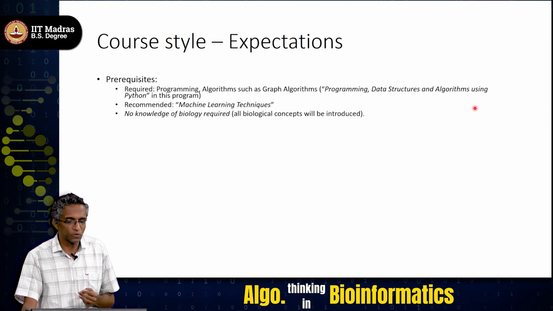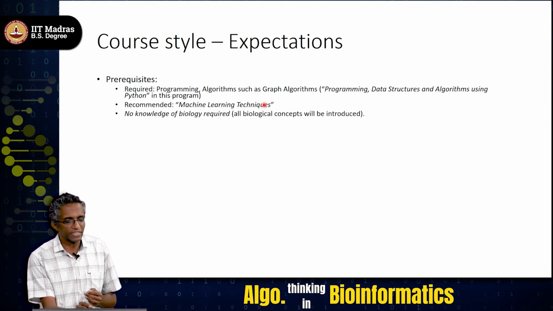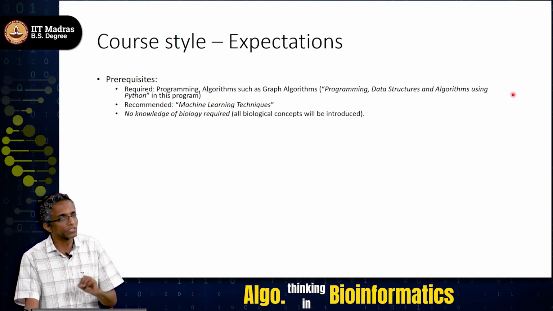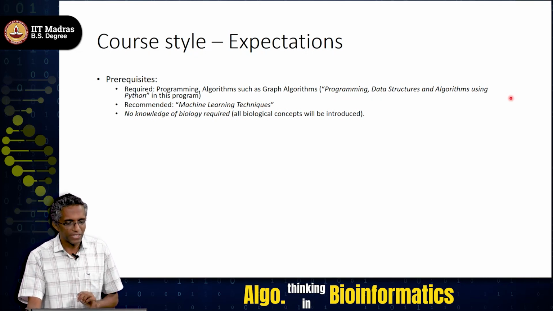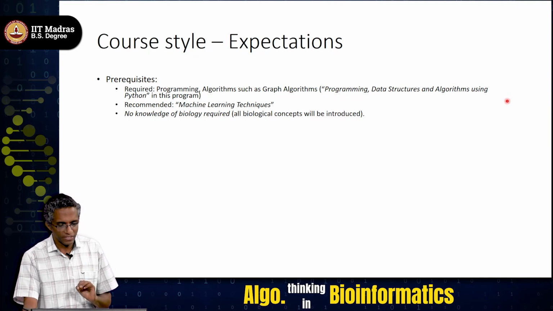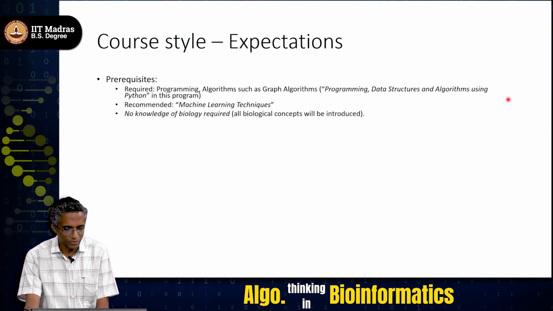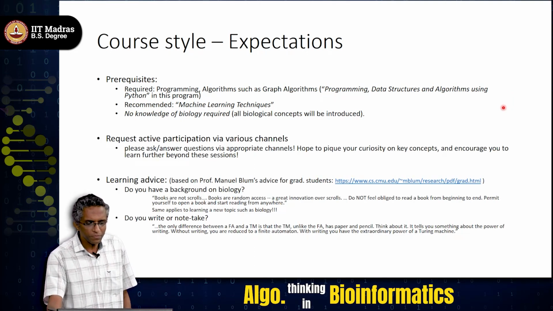So, knowledge of these algorithms and a recommended knowledge of certain machine learning techniques. Again, you have already taken the machine learning techniques course, so that would be sufficient for this course. And no knowledge of biology is required; all the biological concepts will be introduced then and there.